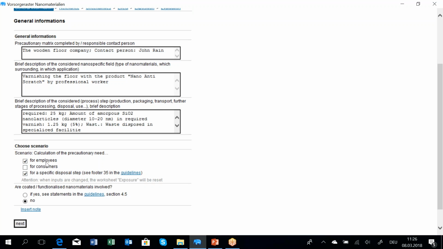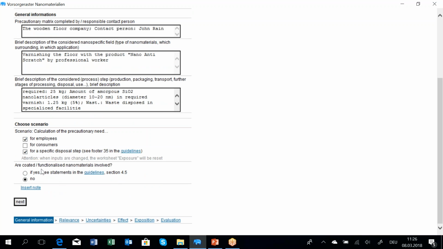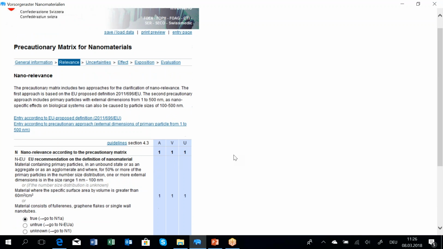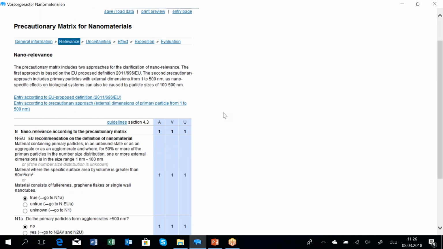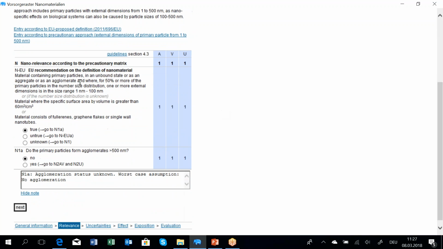Our precautionary matrix will be filled in for the employees, and we also did a disposal step for the waste. As we already know, our nanomaterials are not coated and not functionalized. Then we will have to fill in the relevance. If our nanomaterials fall under the EU definition for nanomaterials, that's true for our nanomaterial.